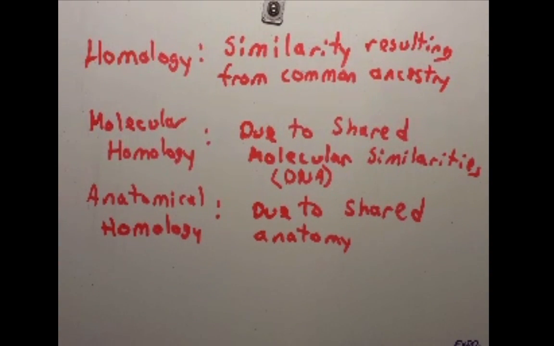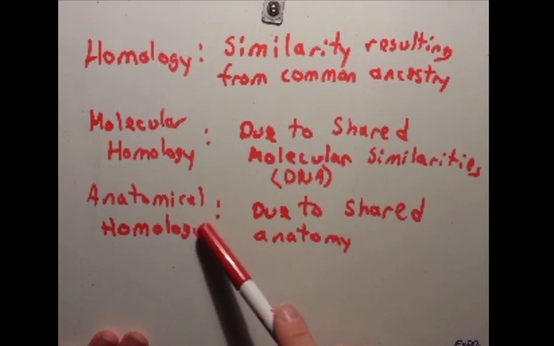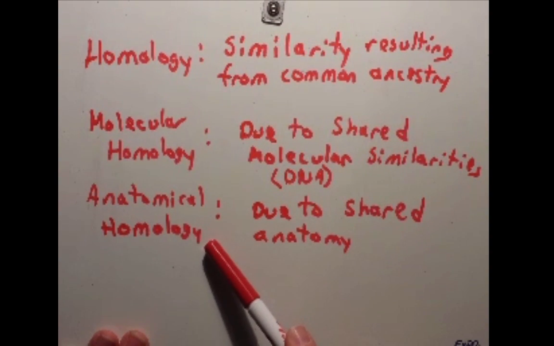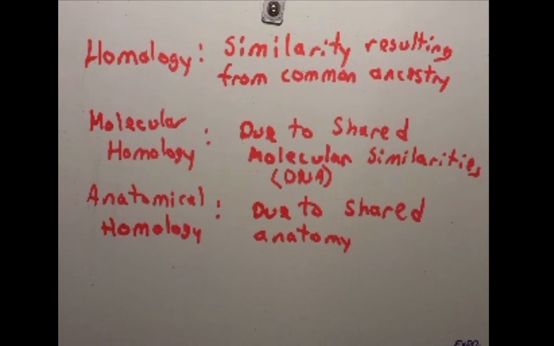Anatomical homology has been the main use of the word homology for many, many years, for decades. But with our understanding of genomes and how to sequence DNA and understand the molecular aspect of organisms, we've been able to support many of our anatomical pieces of evidence with molecular evidence.